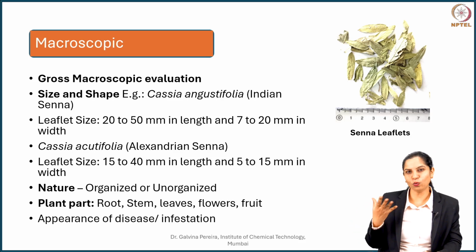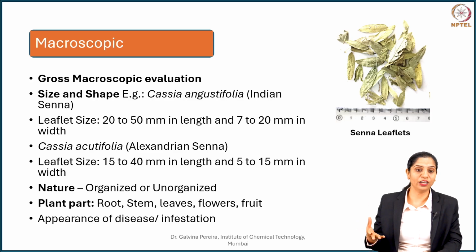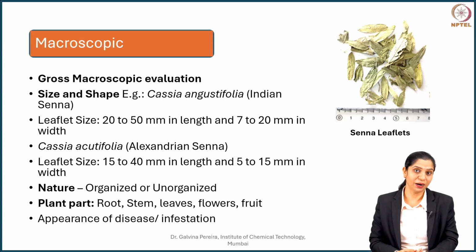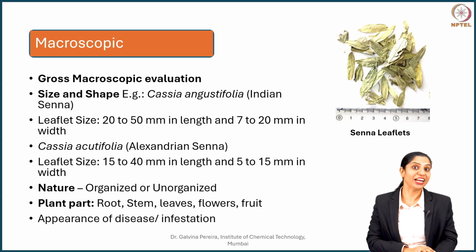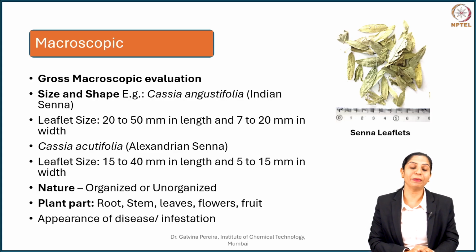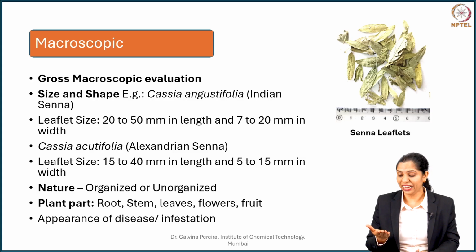Say for example roots, stem, leaves, flowers or fruits, just the main appearance of this can tell me which plant part it is. And one more thing which I can definitely interpret macroscopically is whether there is any visible disease or infestation.